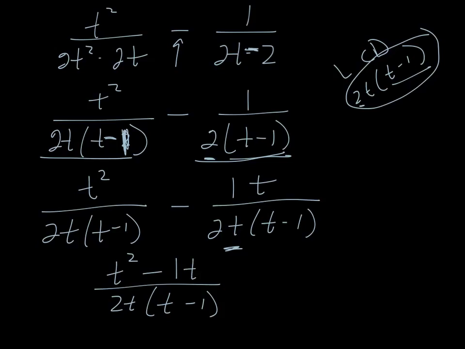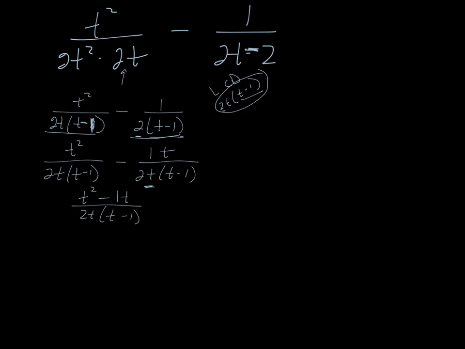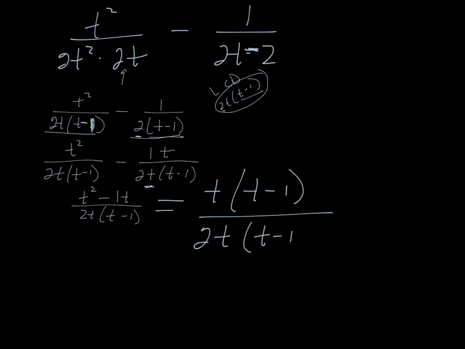At this point, I'm feeling pretty good with how things have gone. But you always should factor the top and the bottom if it's not factored, just to see if there'll be a common factor of 1 that you could take out. So on that top, I'm going to factor out a t. I'll be left with a t minus 1, and then on the bottom I have 2t times t minus 1.